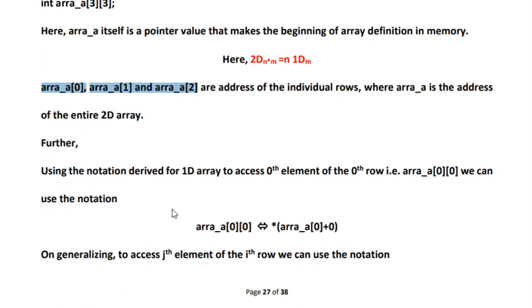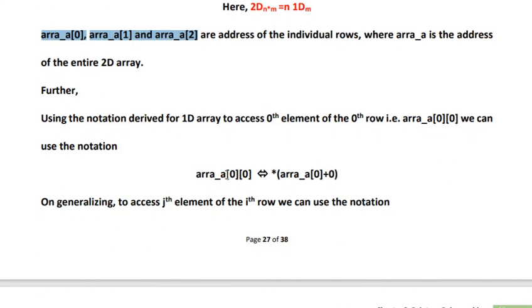So now in order to access the elements of the two-dimensional array, let us consider we are trying to access the zeroth element of the zeroth row in the two-dimensional array, that is arr_a[0][0].